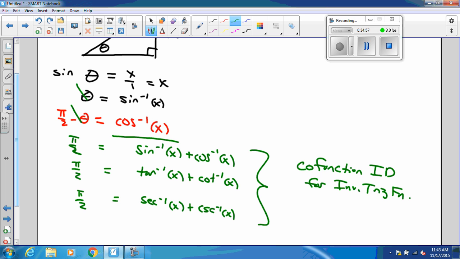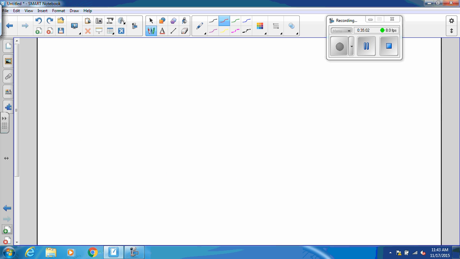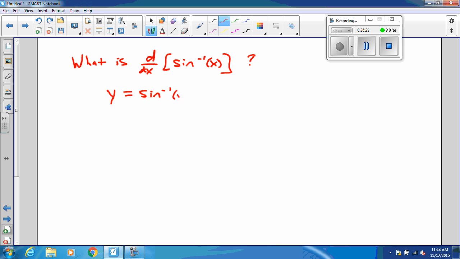Okay. Let's actually do a little bit of derivatives. This is our goal. Another way of putting this question is, if y equals inverse sine of x, then what is dy dx?